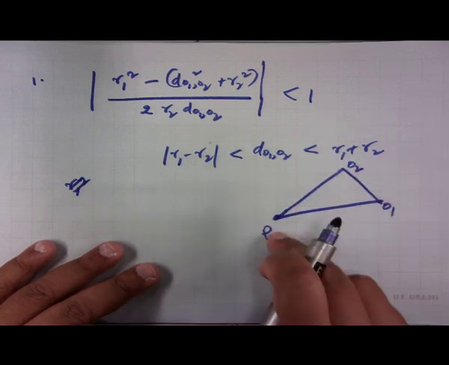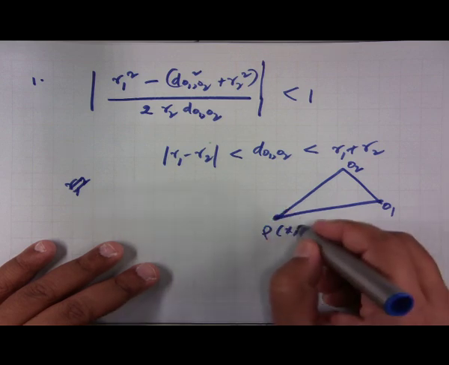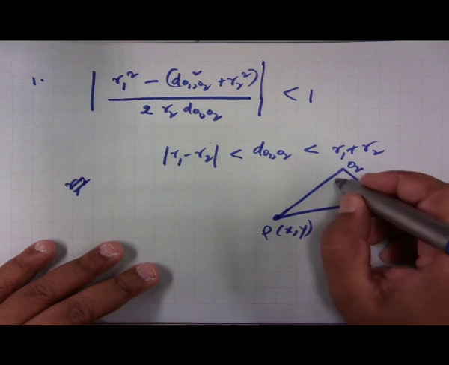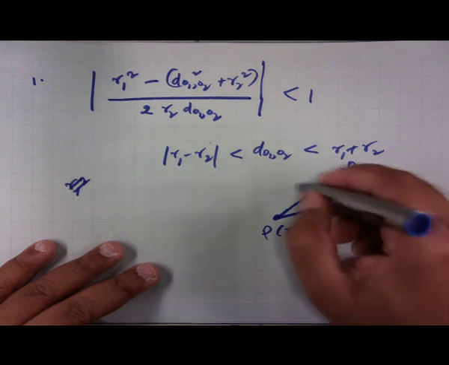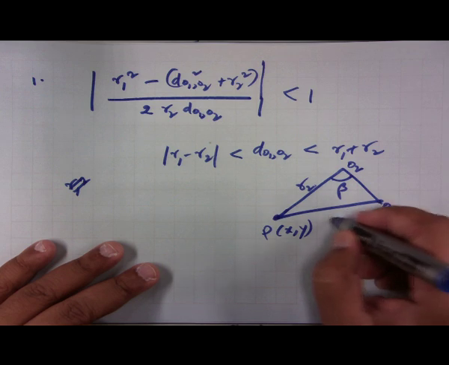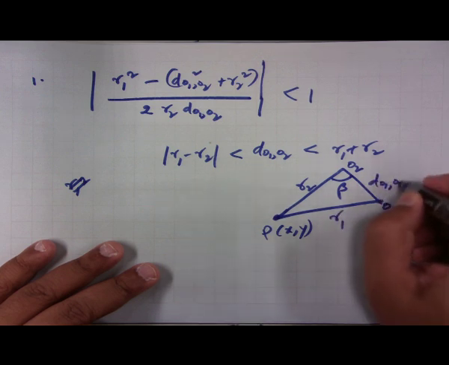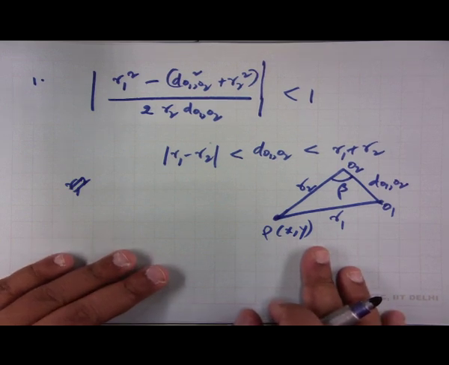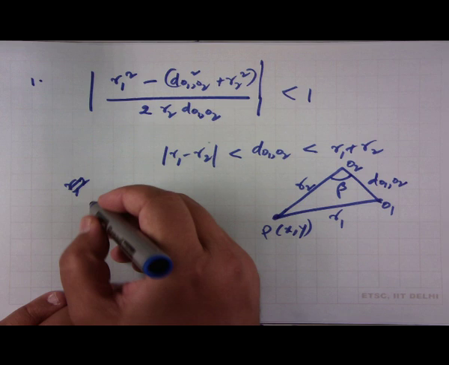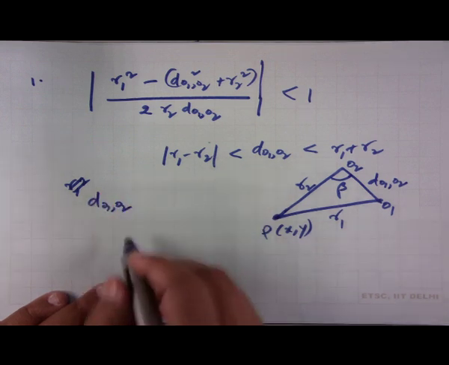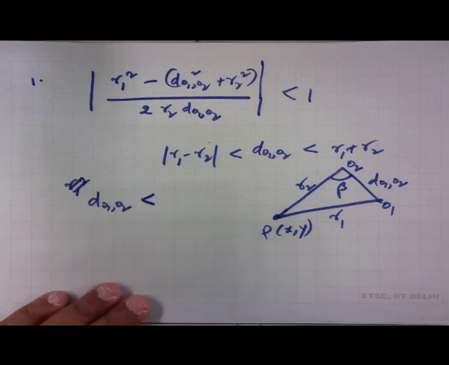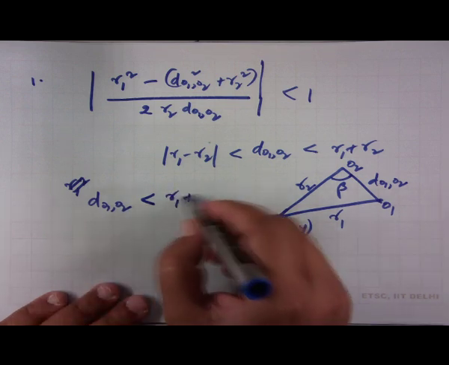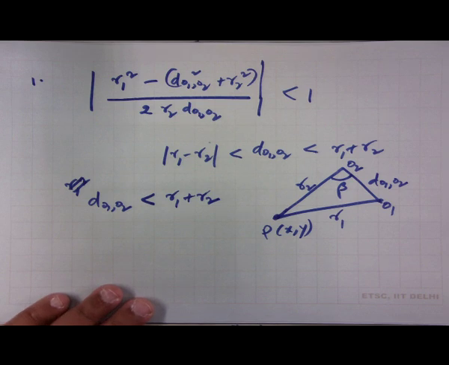So, this is the point of intersection P, and we have this triangle here, O1O2P, and for this triangle the triangular inequality must get satisfied. And since it must get satisfied, it must be true that d(O1, O2) must be strictly less than R1 plus R2. Otherwise, we cannot have a triangle.